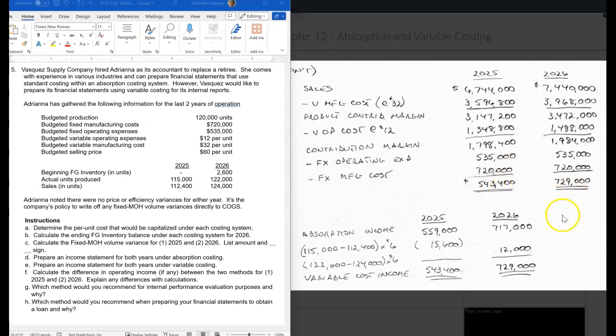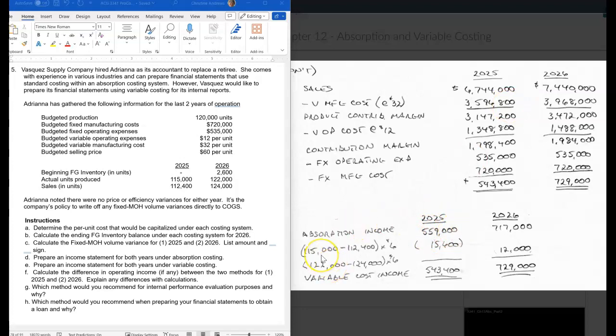Now the last thing that you need to be able to do is to reconcile the absorption numbers with the variable cost numbers. The difference is going to be based on production, units produced, and the actual sales. So in 2025 our absorption income was $559,000.